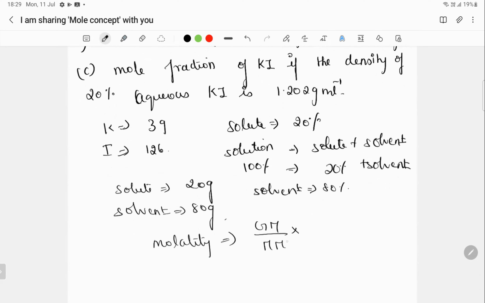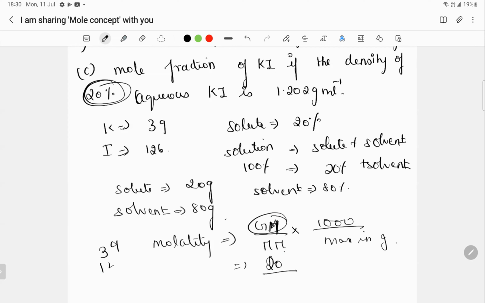Given mass divided by molar mass into 1000 divided by mass of the solvent in grams. Given mass of the solute is 20, divided by molar mass, 39 plus 126, 165, into 1000 divided by the mass of the solvent. Solvent is 80. That's it.